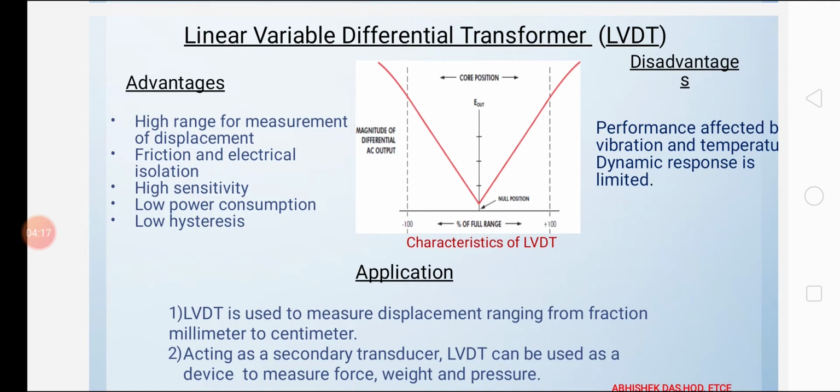The main advantages are: high range, LVDT has a very high range of measurement of displacement; friction and electrical isolation, it has many useful features so that it is useful in many applications; number 3, high input and high sensitivity; number 4, it has low hysteresis; and number 5, it has low power consumption.